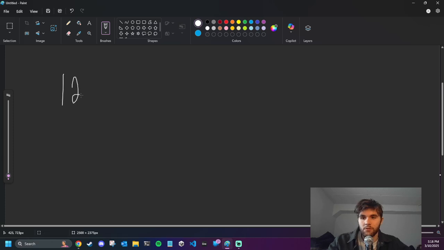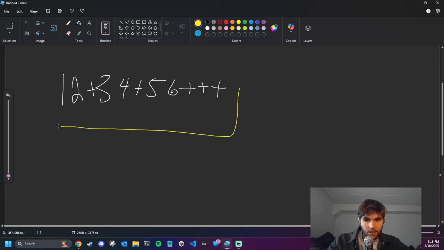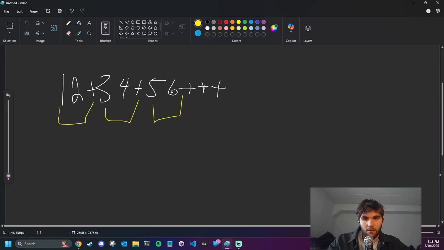So if I have 1, 2 plus 3, 4 plus 5, 6 plus plus plus. And I think this is a valid expression, because this evaluates, this evaluates, this evaluates. This will add those 2, and then this will add this plus this. So I think it looks good.